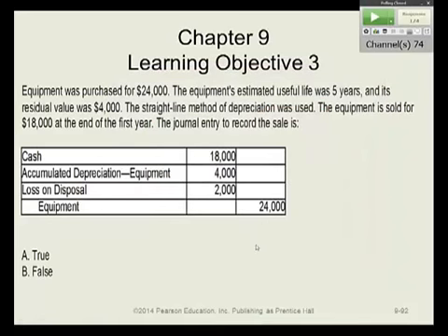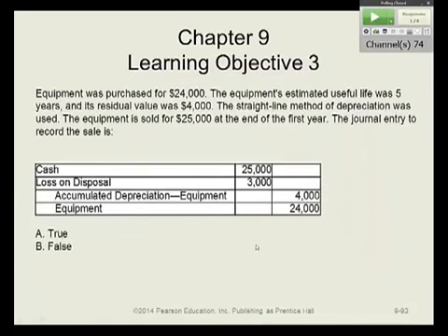All right, now, this last one I'm not going to do. I think it's the same problem. It has the same net book value.